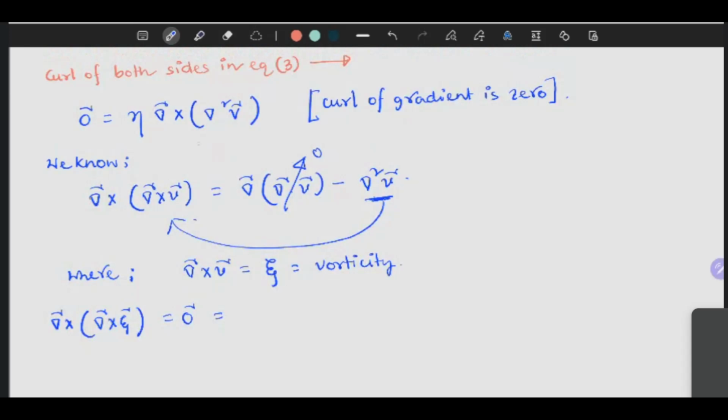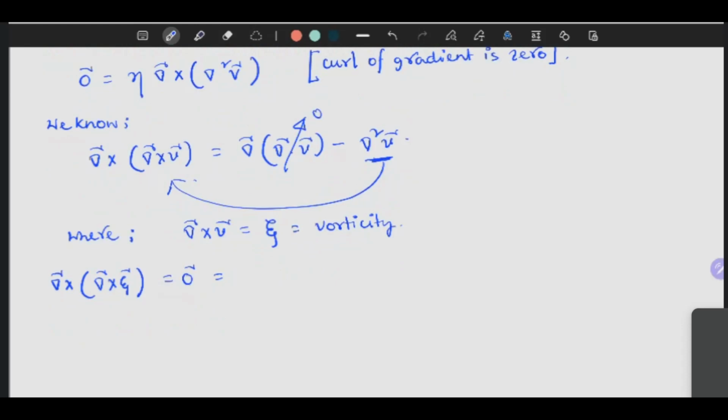Because from here if you take curl, it will be the same as eta curl of this. So this is replaced by this.